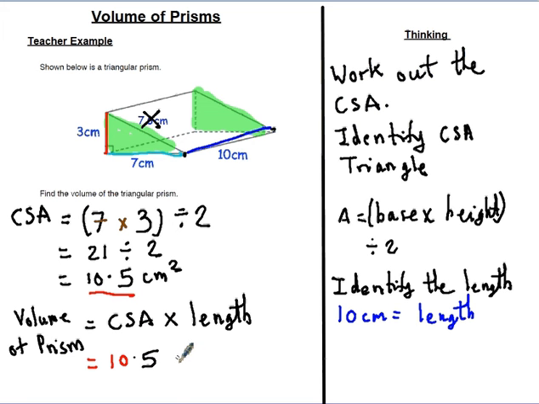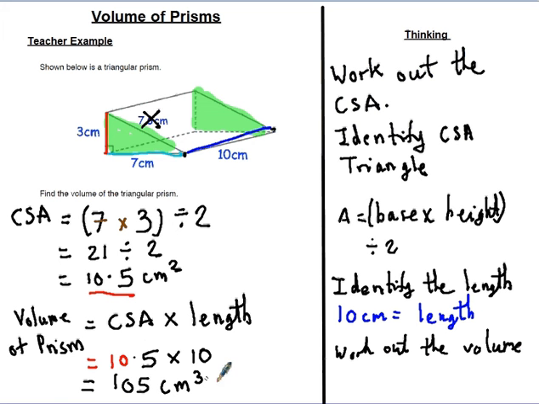And my length is 10 centimeters. So in my thinking column, I just need to work out the volume. 10.5 times by 10, that's going to give us 105. Don't forget the units, centimeters cubed.